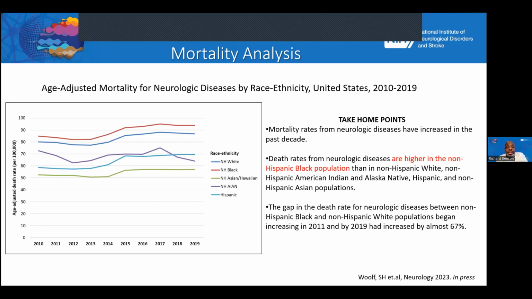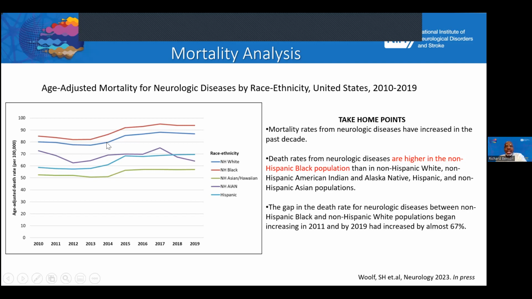Now, the other interesting thing, when you look at the blue line, I don't know if you can see my arrow, the blue line here under the non-Hispanic Black population, we can see that there's this sustained difference, but there are other groups that actually have lower mortality rates from neurological disorders than the non-Hispanic white population.